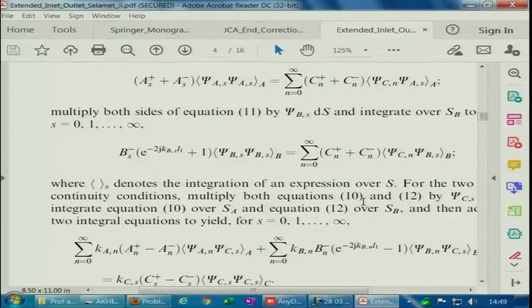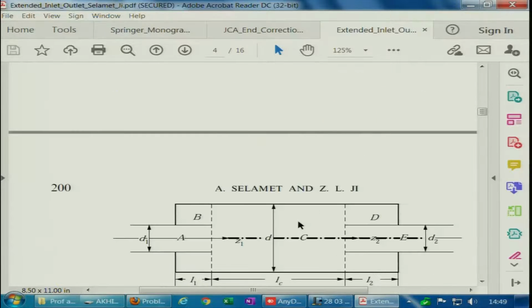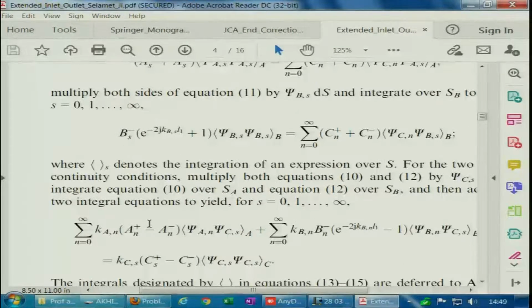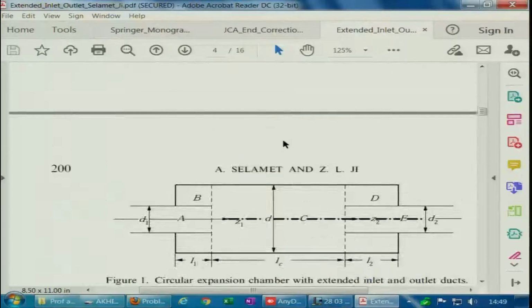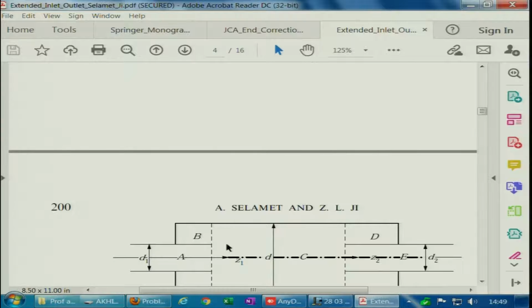Now, the other condition is the velocity condition, the other set of conditions. So, this one and this one. The other trick is to multiply this equation with the modal function for the chamber C and integrate it over the port area.